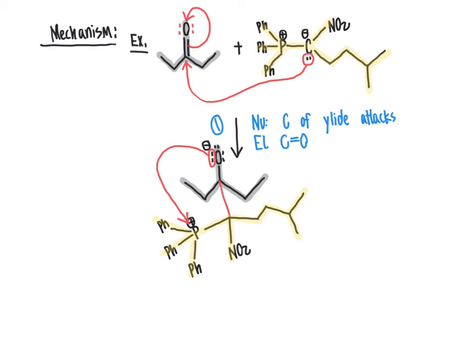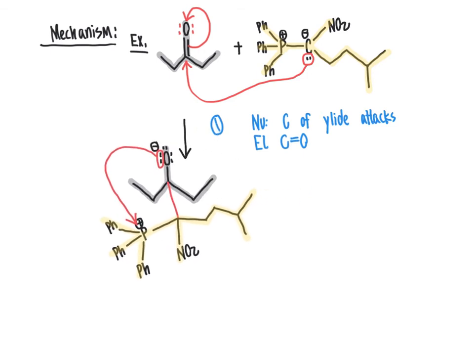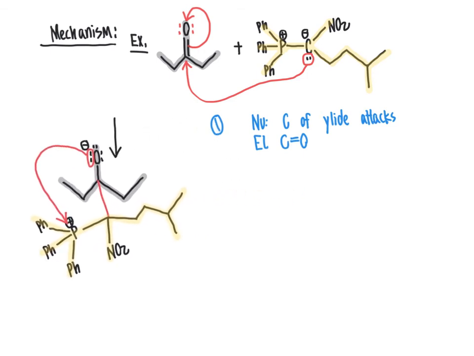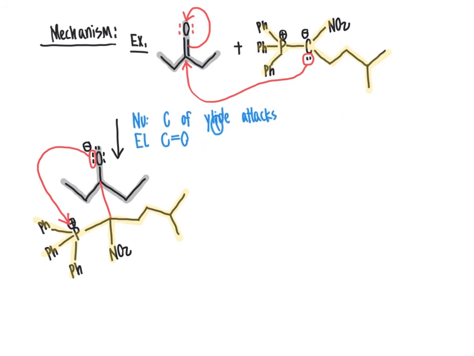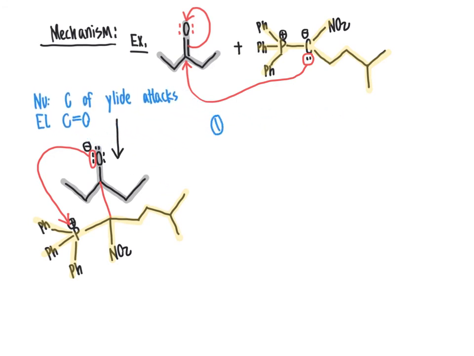So let's go ahead and show the product of that particular step. I'm just going to move this over a little bit here so that I have enough room to show what's happening in that second step of the mechanism.